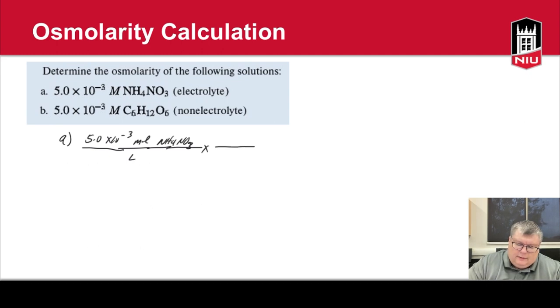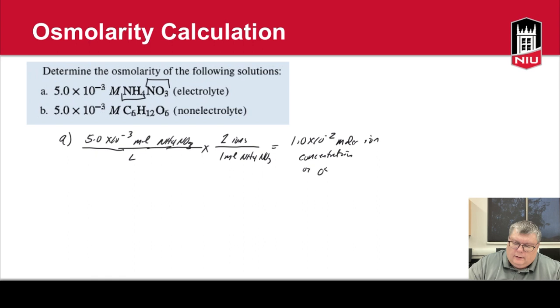Times, now, since this is an electrolyte, it breaks apart into 2 ions, the ammonium ion and the nitrate ion. So 2 ions for every 1 mole of ammonium nitrate gives us 1.0 times 10 to the minus 2 molar ion concentration, or osmolarity.